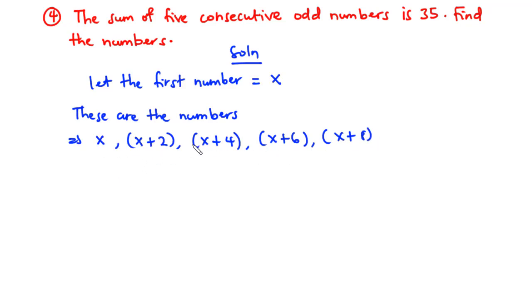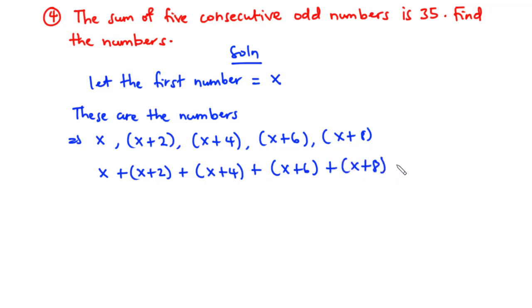Now we are told that the sum of these numbers is 35. So let's add these numbers up and then we equate that to 35. So x plus x plus 2 plus x plus 4 plus x plus 6 plus x plus 8 is equal to 35. 1, 2, 3, 4, 5.